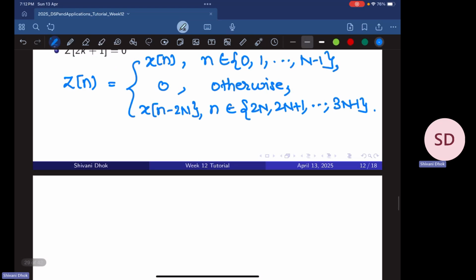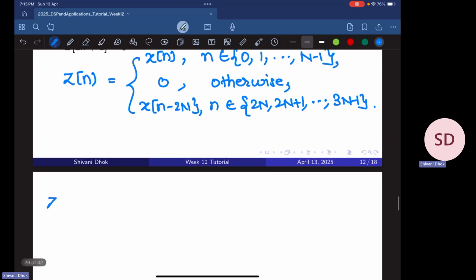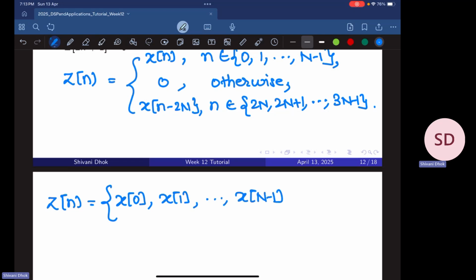So now let us first understand how this Z of k looks. The sequence z of n is x of 0, x of 1 and so on till x of N minus 1. This is at 0, and then we have N zeros.